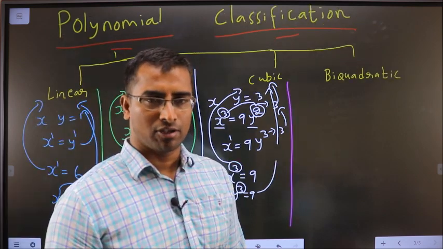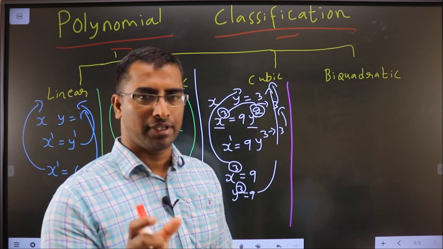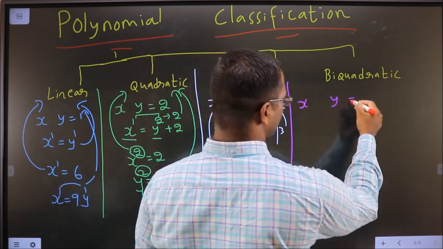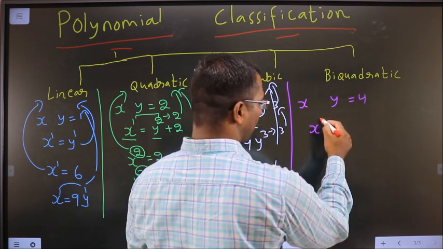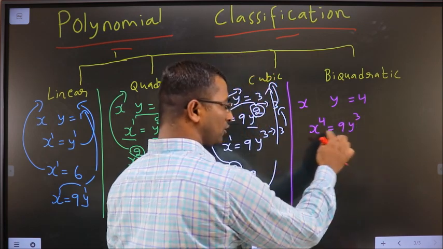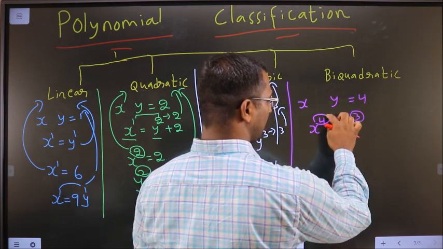For any equation to be called biquadratic, highest power on the variables should be 4. For example, x power 4 is equal to 9y cube. Two variables are present. On x it is 4, on y it is 3.